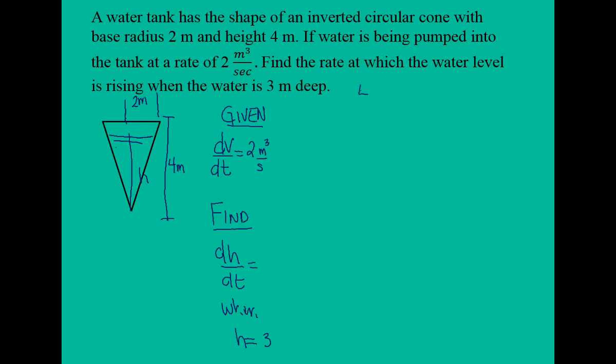So what is our equation? Well, for this problem, we're trying to relate V and h, so we are working with an inverted circular based cone. So we would look for the volume of that, which would be volume equals 1/3 area of the base times our height.